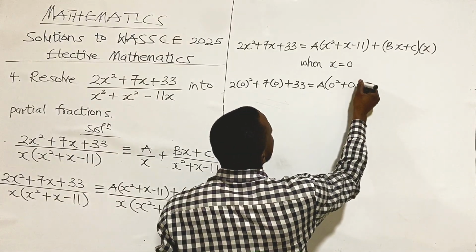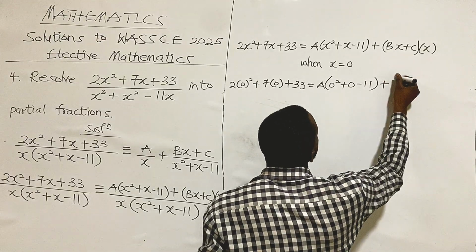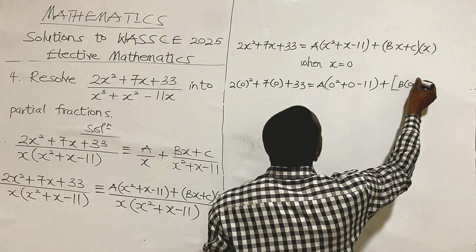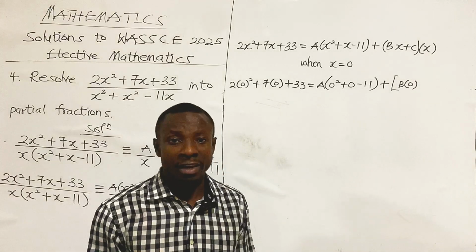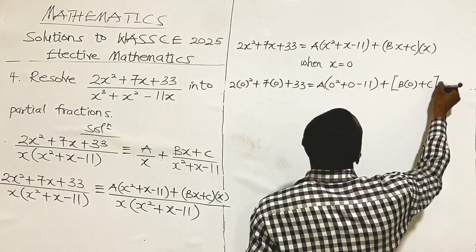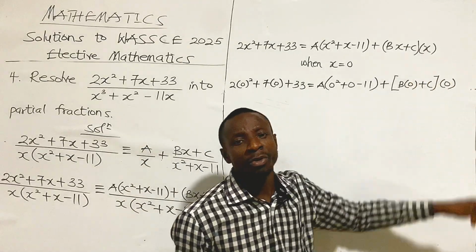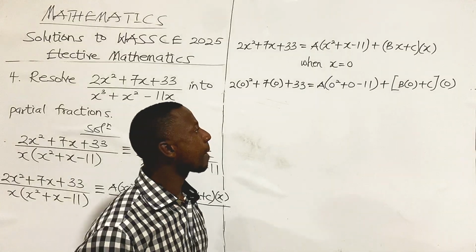So 0 minus 11 plus b multiplying 0 because the value of x is 0 plus c, everything still multiplying 0 because of the x.